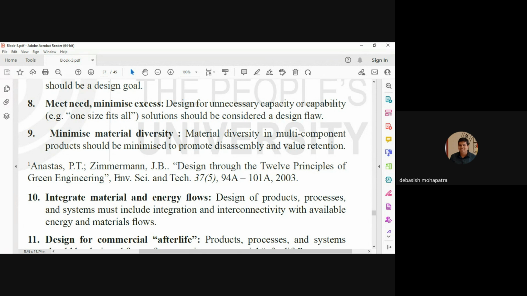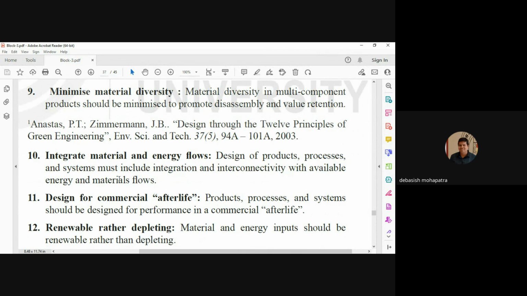Minimize material diversity. Material diversity in multi-component products should be minimized to promote disassembly and value retention. Then integrated material and energy flows. Design of products, processes, and systems must include integration and interconnectivity with available energy and material flows.